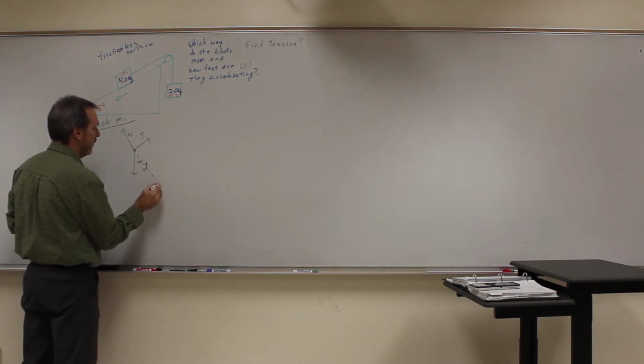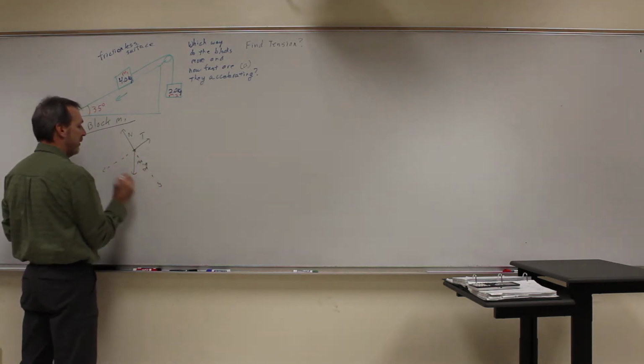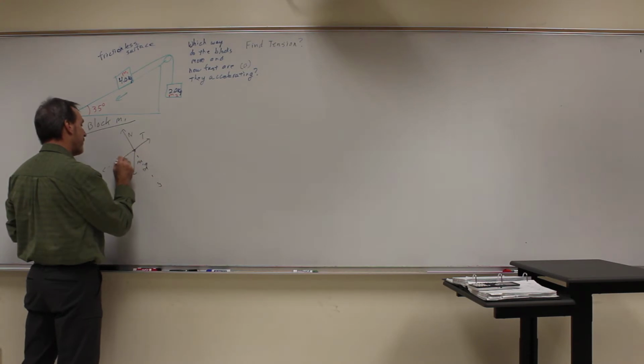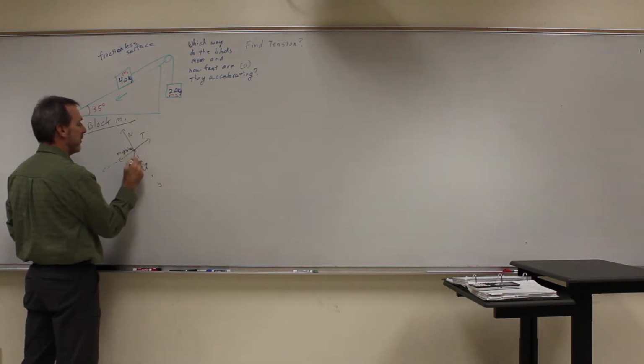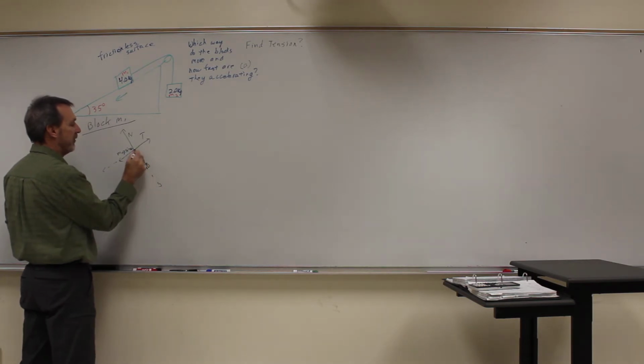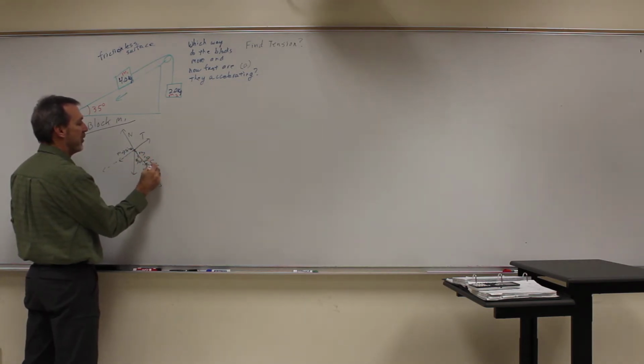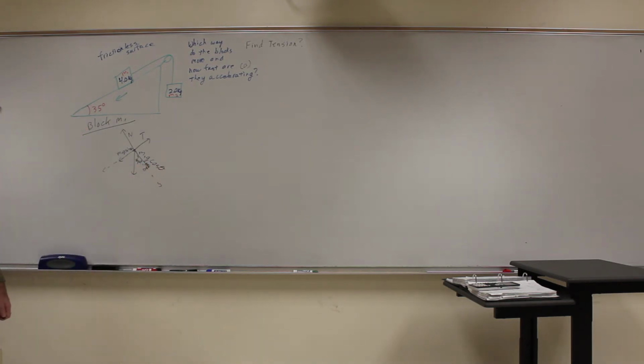We're going to do our usual: gravity becomes M1g sine theta, and down here this is M1g cosine theta, going that way. No friction, so that's all that is on there.